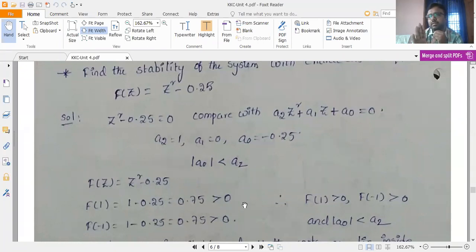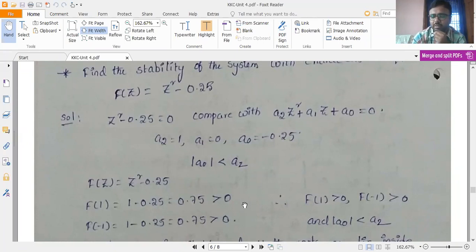So for a second order equation, there is no need to frame any Jury stability table. Just with a simple observation, you can say whether this particular system is stable or not, by satisfying the initial conditions: f of 1 should be greater than 0, f of minus 1 should also be greater than 0 since it is an even order equation, and modulus of a0 should be less than an.